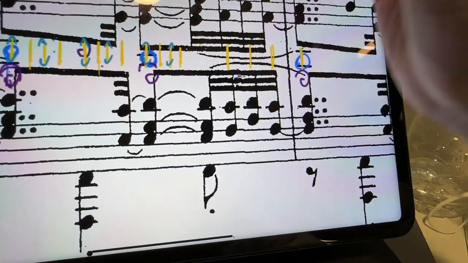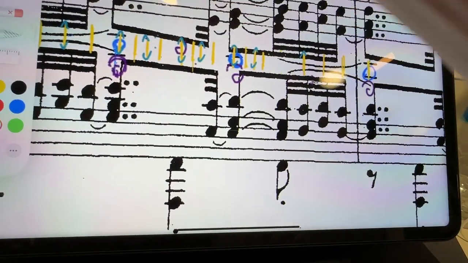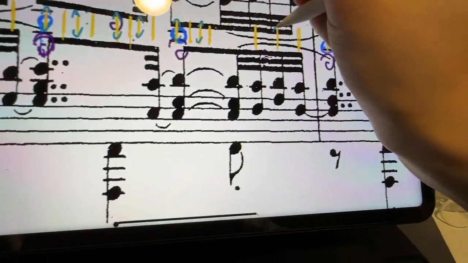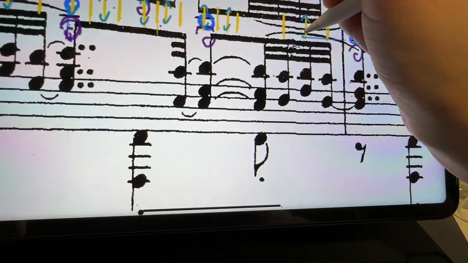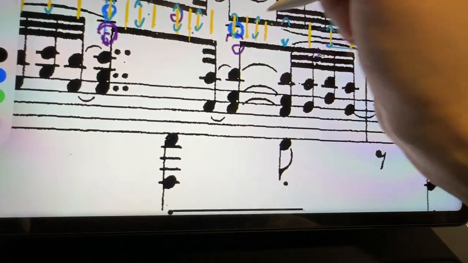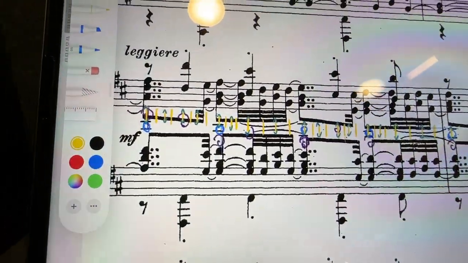Okay. Oh, I see, I erased one of them by accident. Okay, so then I'll mark this part over here, this part here. I think there should be a yellow line over here as well. Okay, so I've pretty much reconstructed it again.